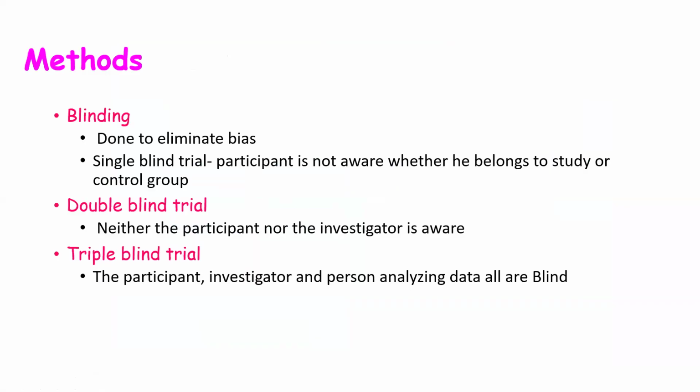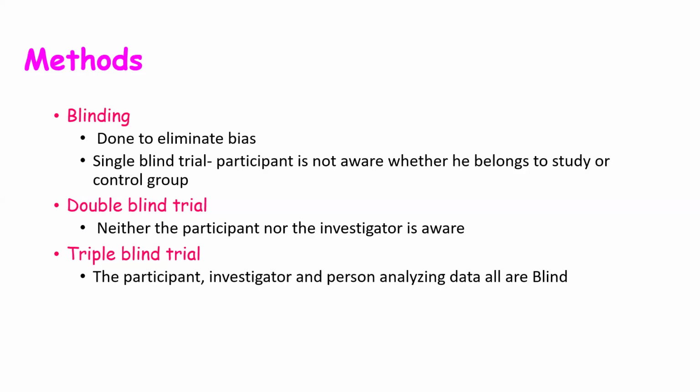And coming to this, in RCT we have so many methods. One is blinding: single blind, double blind trial, and triple blind trial. Blinding will be very helpful to eliminate the occurrence of some bias. In a single blind trial, the participant is not aware of whether they belong to the study group or control group. After randomization, we divide the group into experimental group and control group, isn't it?